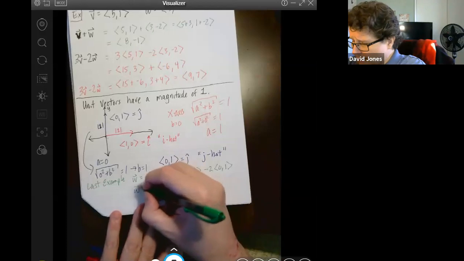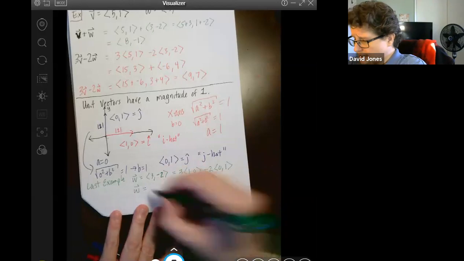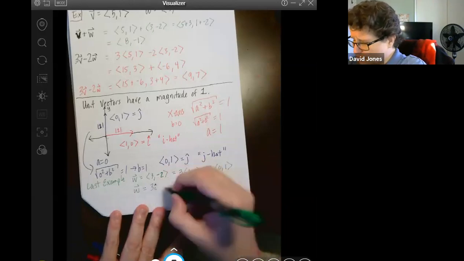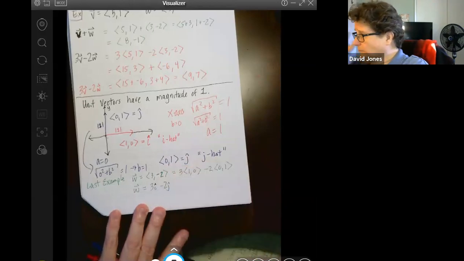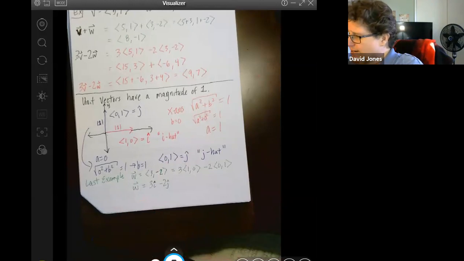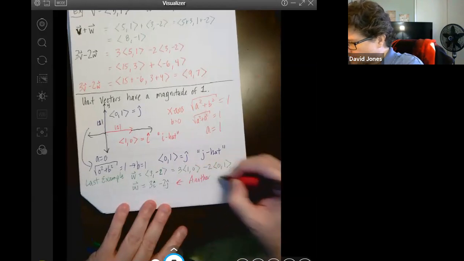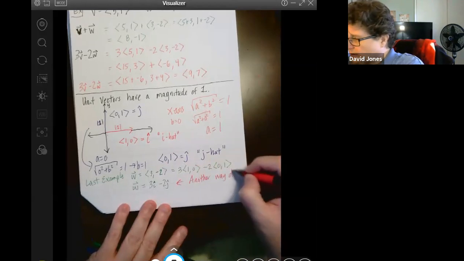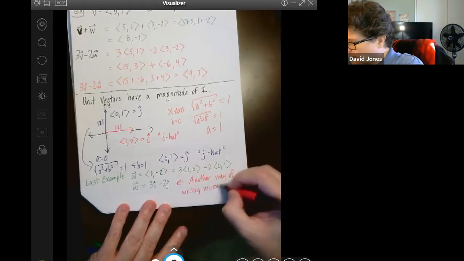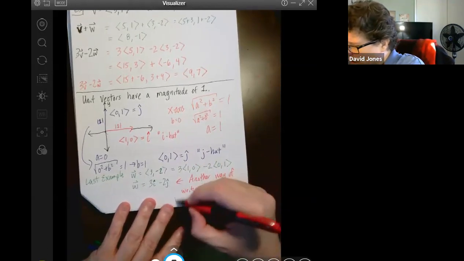So W is 3 I hat minus 2 j hat. This is another way of writing vectors, and it works well with dot and cross product.